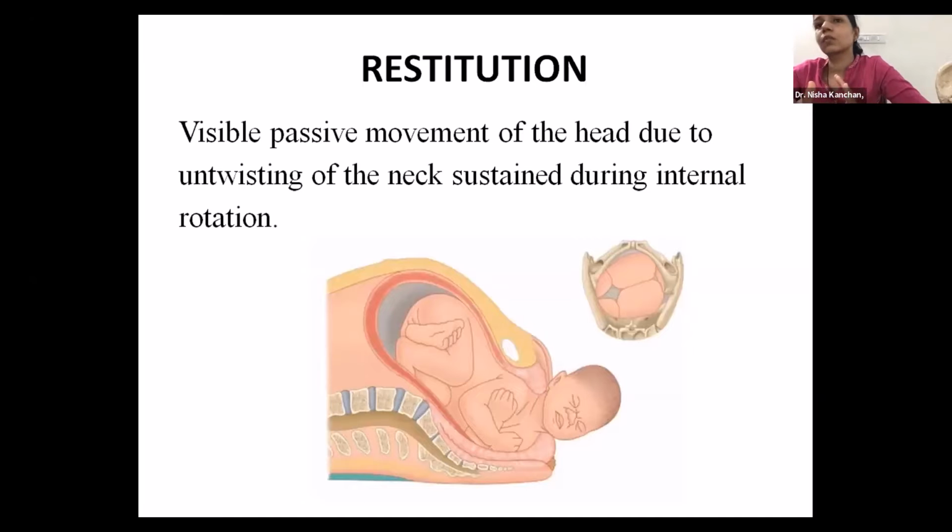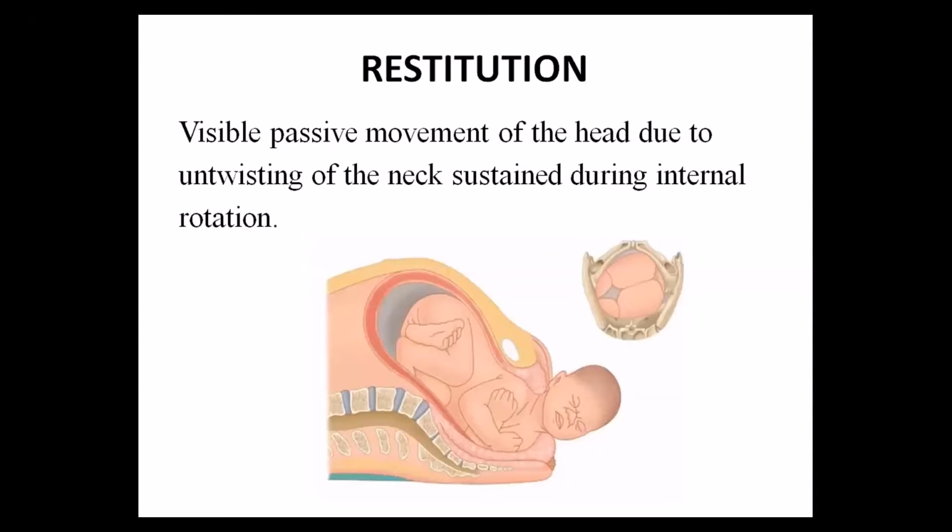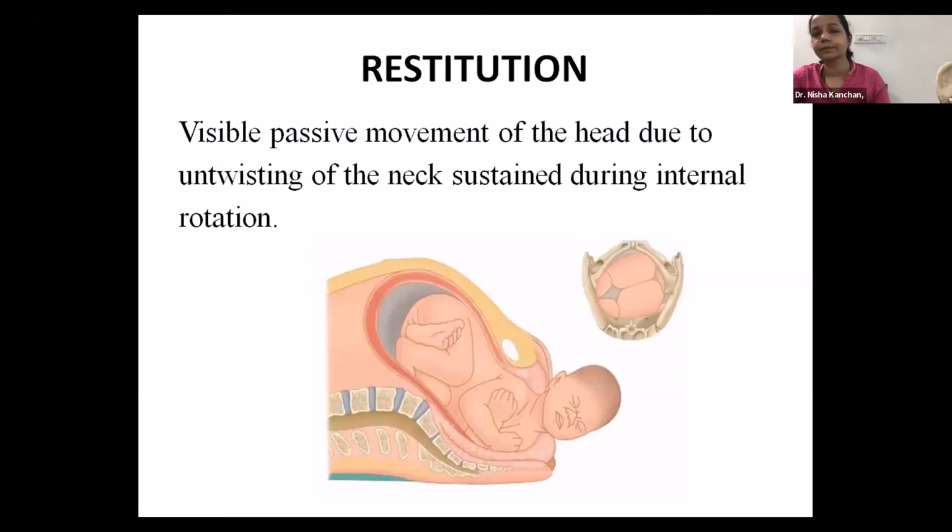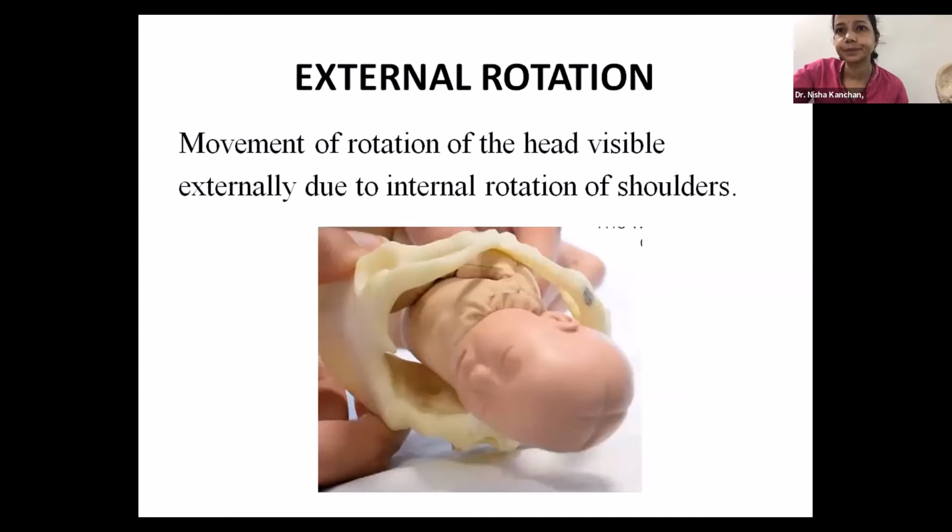So that untwisting movement of the neck is called restitution. Whatever torsion it had sustained during internal rotation, that untwisting is called restitution. The purpose of restitution is to relax the neck of the baby, to get it into neutral position, and to untwist whatever torsion it had felt. Next slide, please.